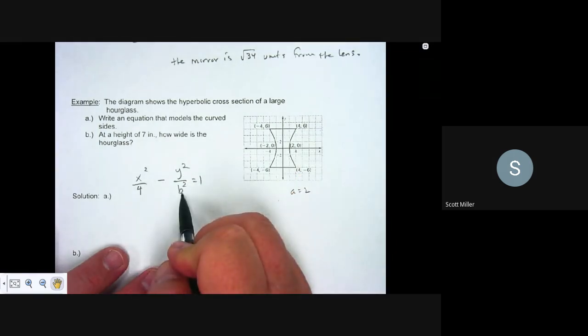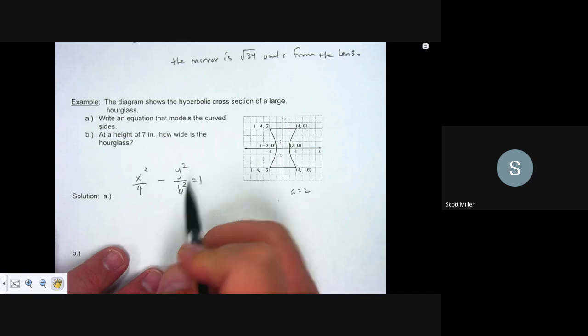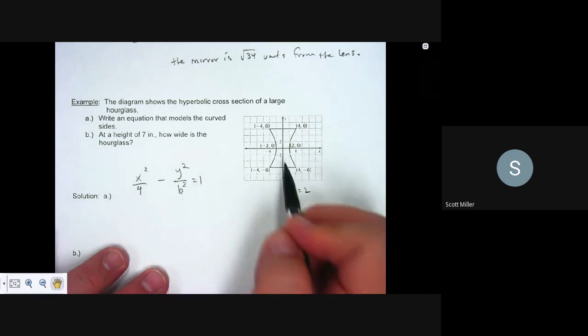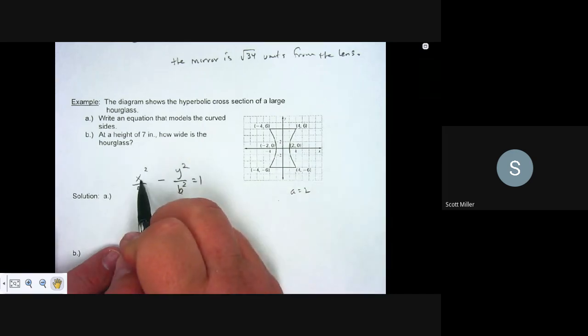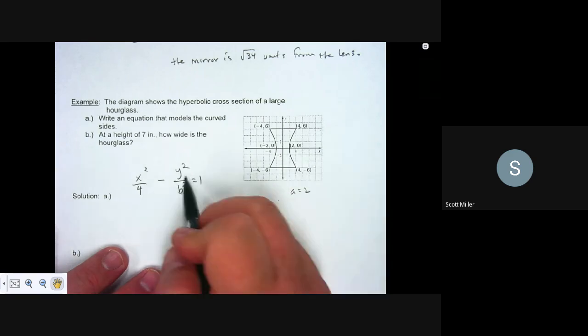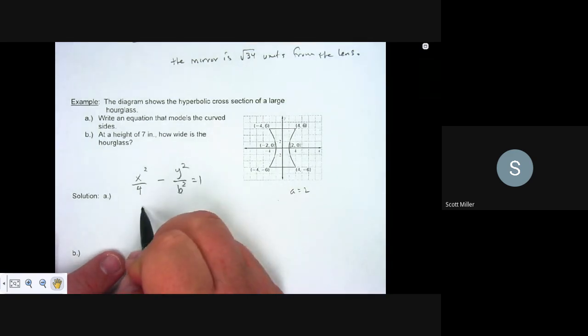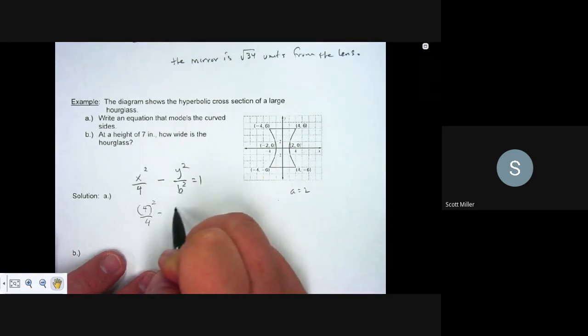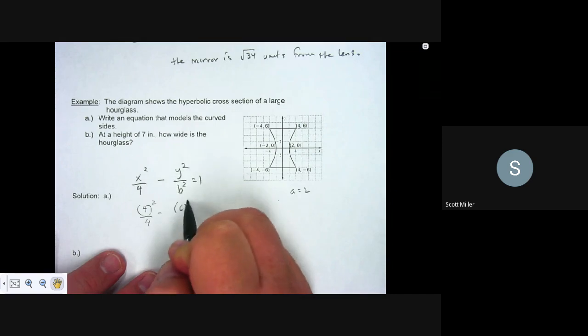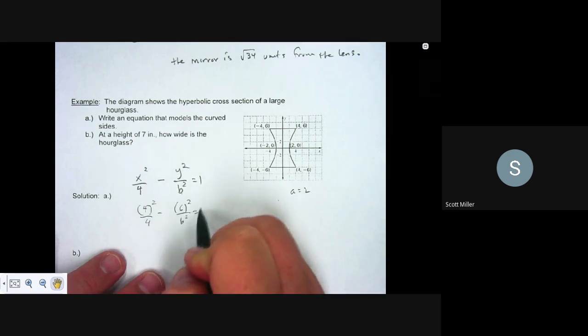If x is 4 and y is 6, then I plug in the 4 here over 4, plug in the 6 in here, over b squared equals 1.